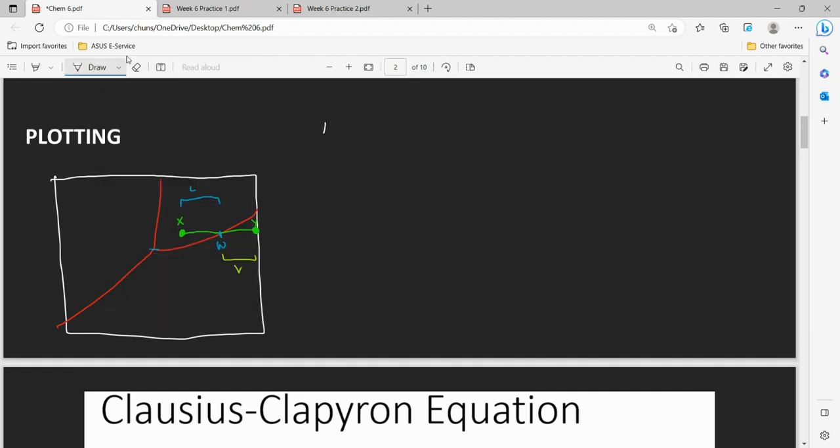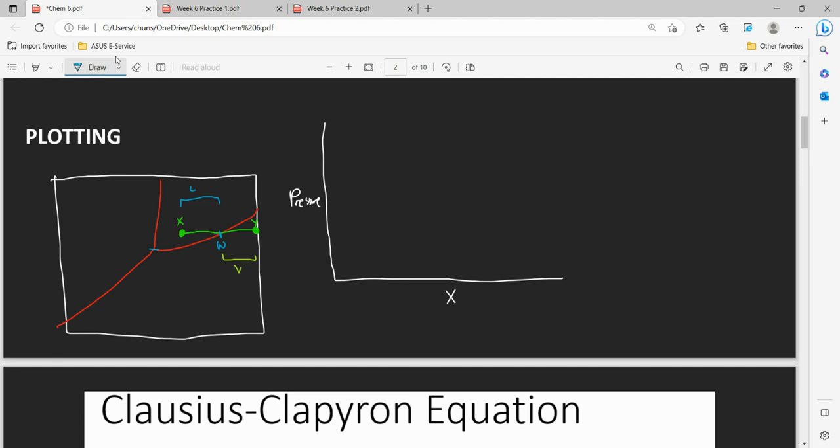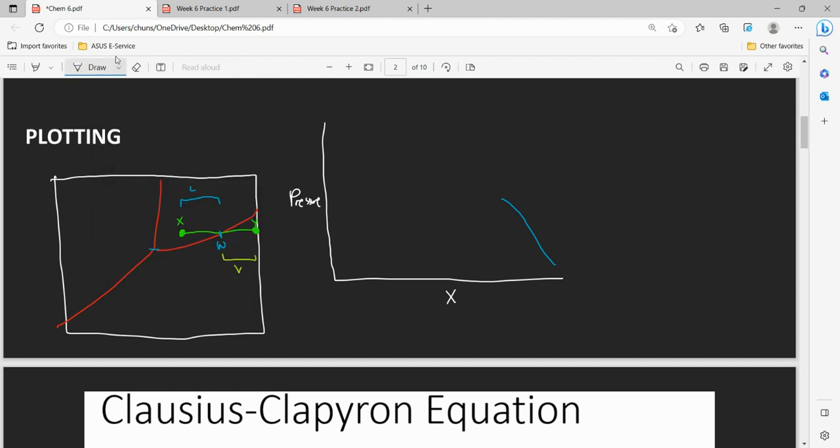So if we were to plot this with our pressure and our mole fraction, we would start with our liquid. Then we'd reach a kind of tie line point when we're transforming.